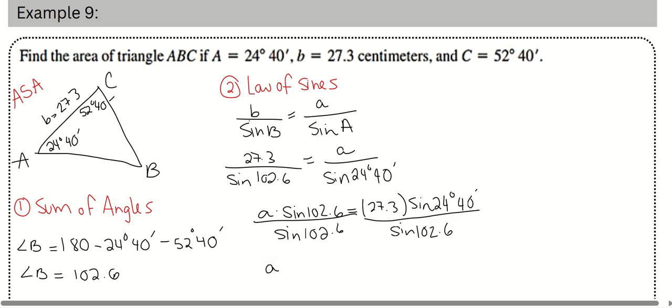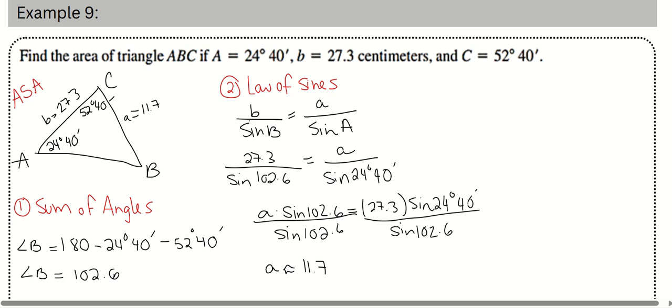So a is going to end up being about 11.7. So we have little a, which is 11.7.